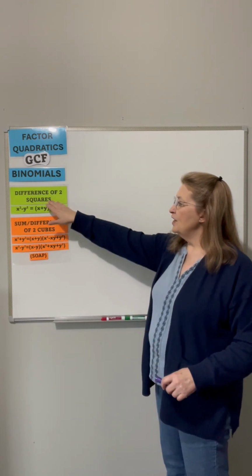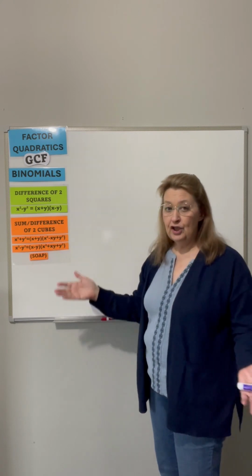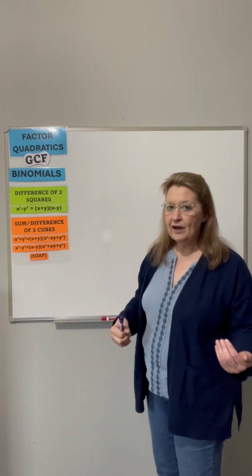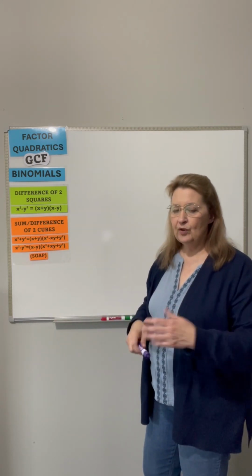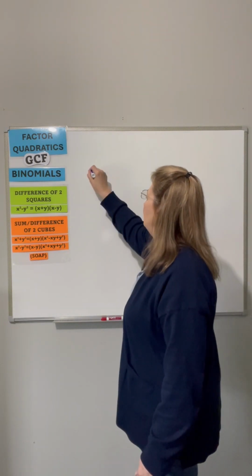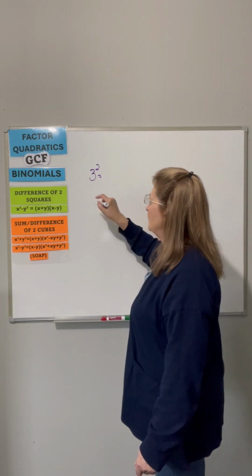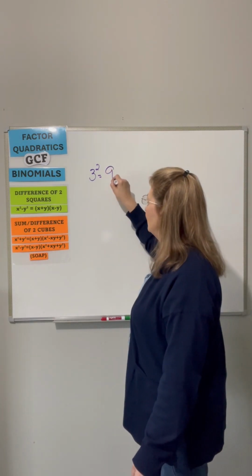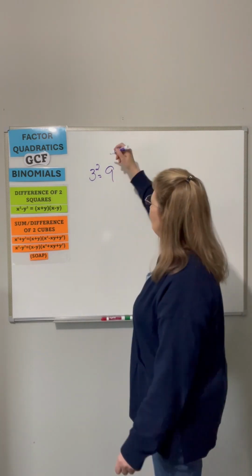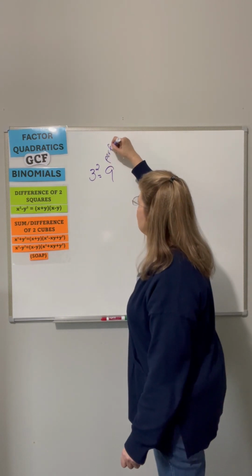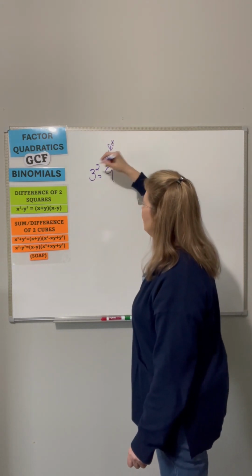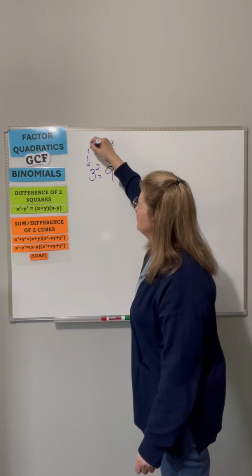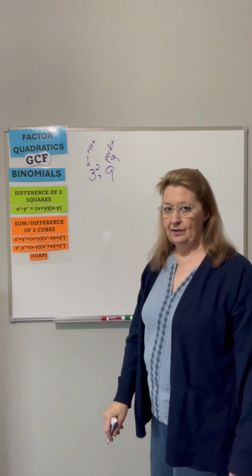First of all, you've got to know what are squares and what are cubes. Perfect squares are the numbers that you get when you square a number. If you square 3, and to the 2nd power means square, you get 9. Therefore, 9 is a perfect square, and 3 is the square root.